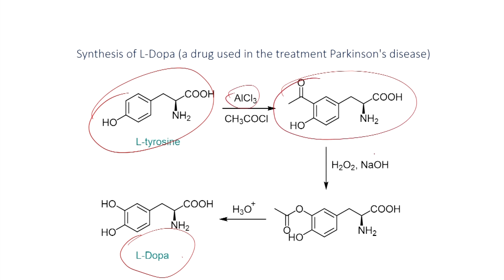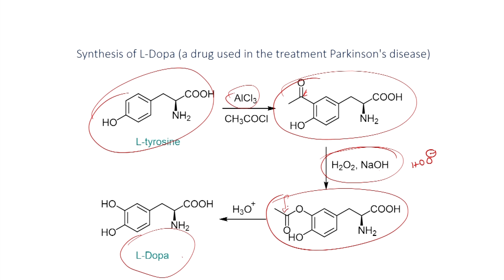Once you form this one, when you try to oxidize in the presence of sodium hydroxide, as we have just seen, peroxide can undergo addition reaction with this ketone, and then you will be able to form this ester. Once you form the ester, you can do the hydrolysis, and in this way you will be able to introduce a hydroxy group. You can see here, this tyrosine can be converted into this amino acid. You can try to introduce an OH group.